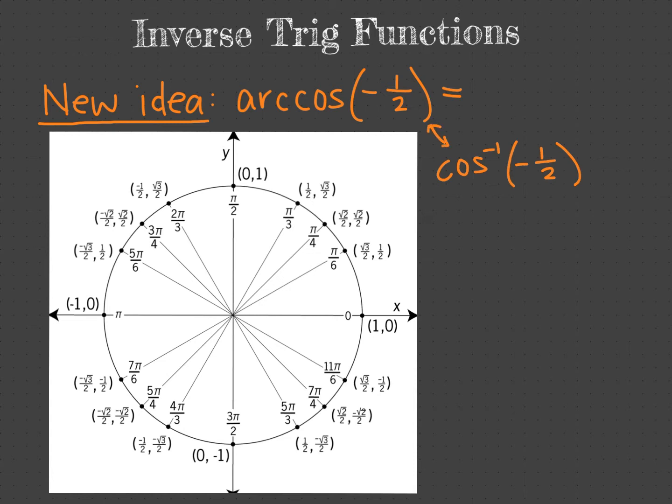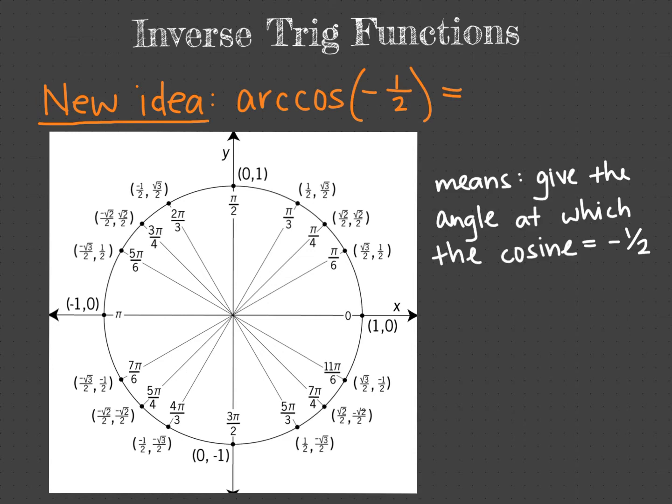Your book and most other math textbooks that I've seen lately use this form, arccosine, and so does the calculus book that you will be using next year. Therefore, I'm solely going to be using arc instead of the inverse symbol, but know that these two things mean the same thing. So what arccosine of -1/2 means is, give me the angle at which the cosine is -1/2.